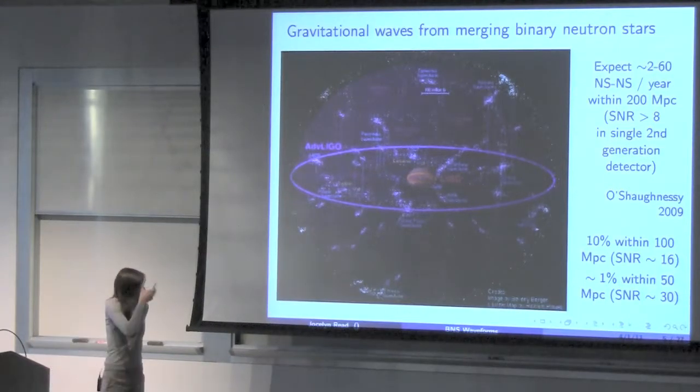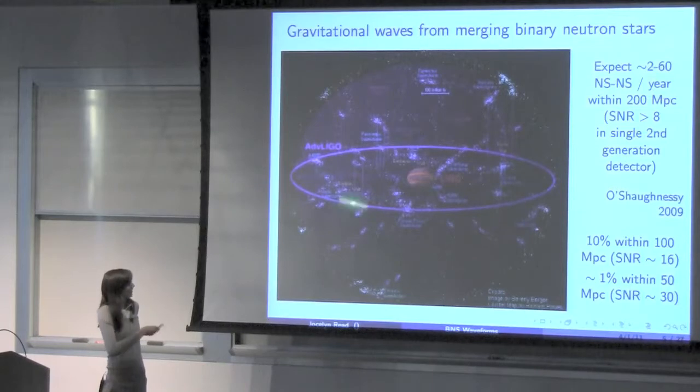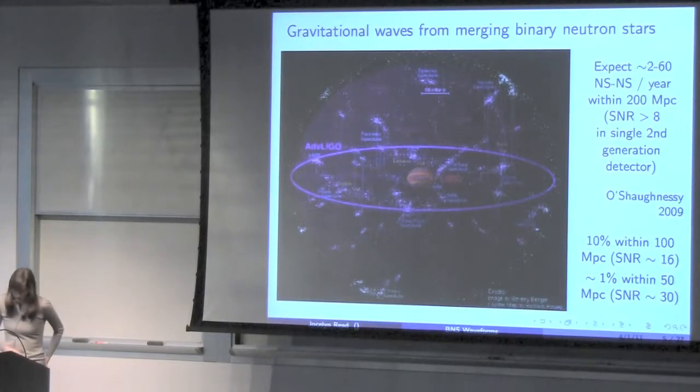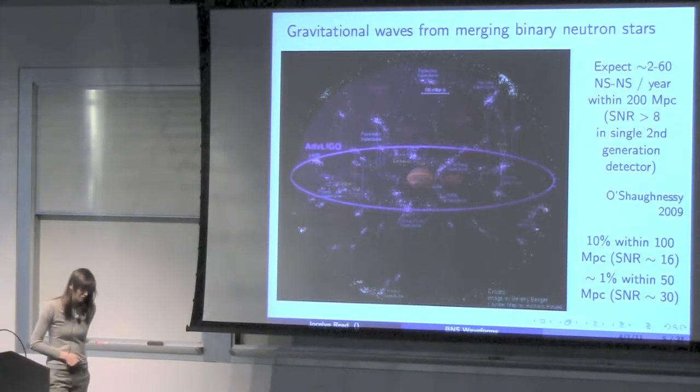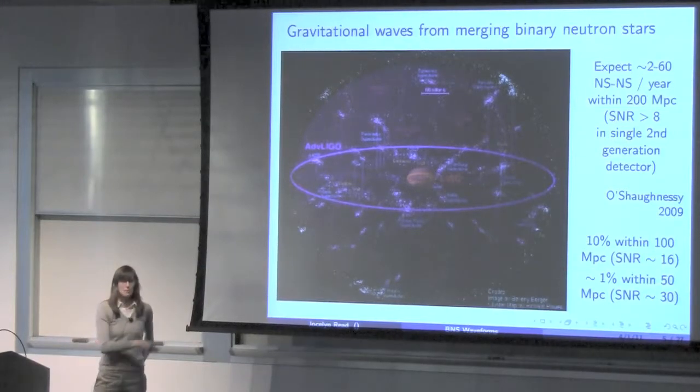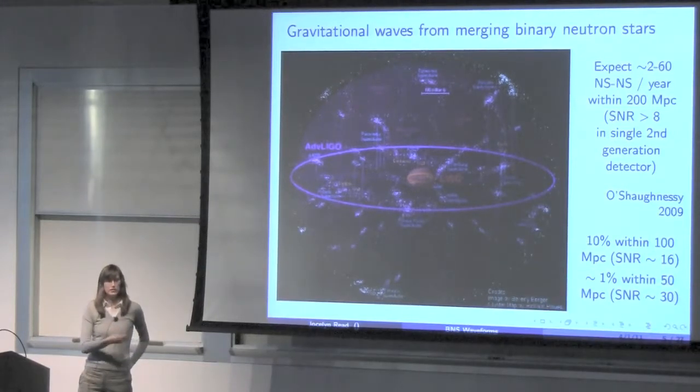So we expect to see some number of these in advanced LIGO that is non-trivial, that is large. The estimates vary. And for the purposes of this talk, I'm going to try and focus on something that's perhaps the loudest 1% of signals that advanced LIGO would see.